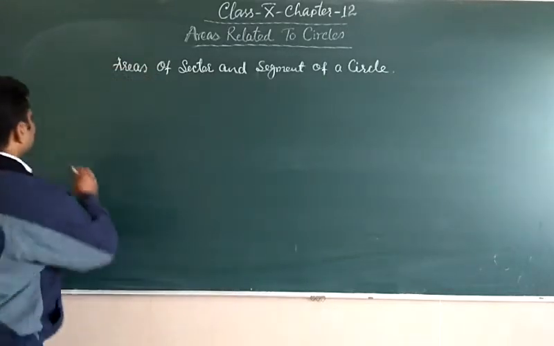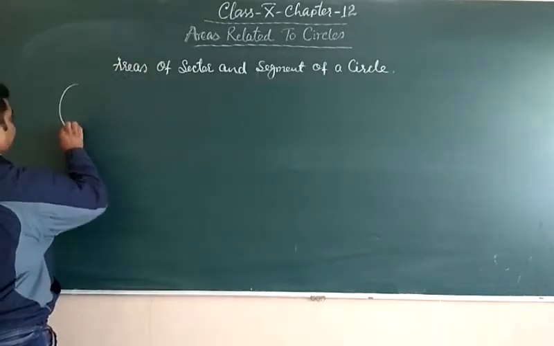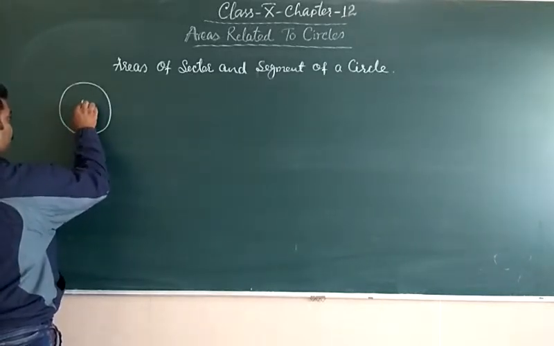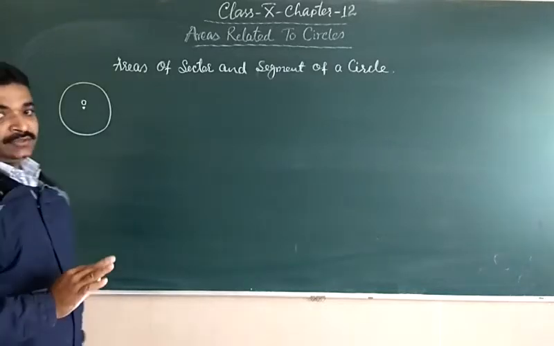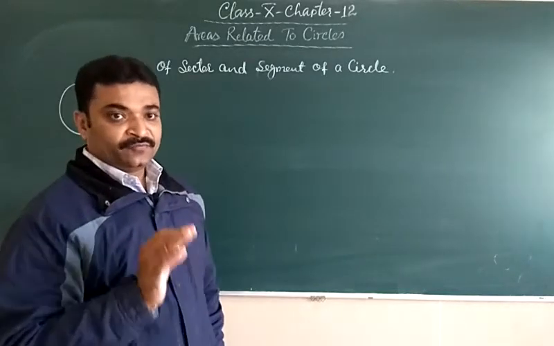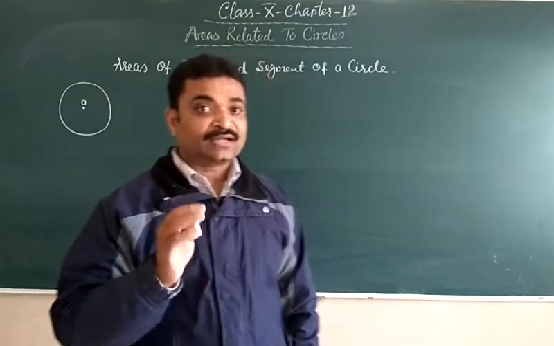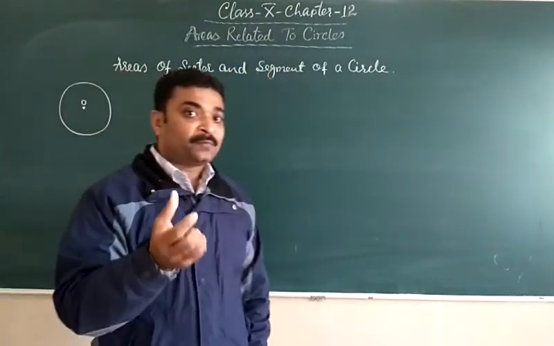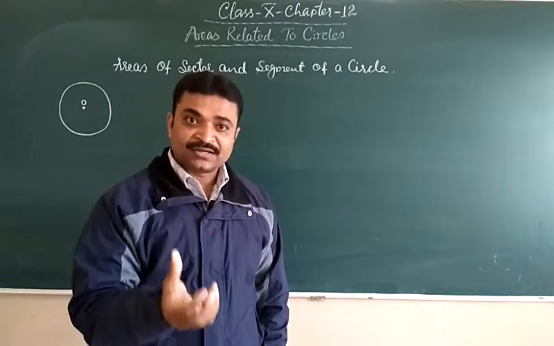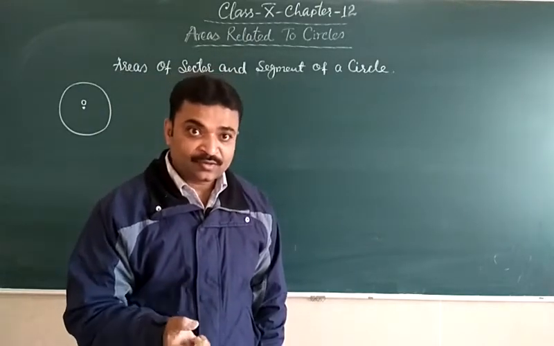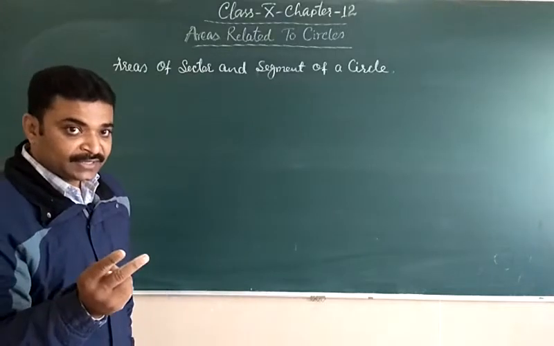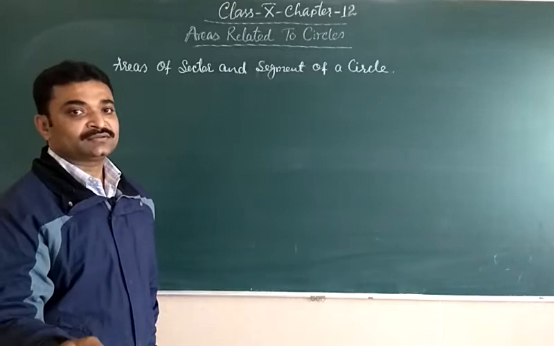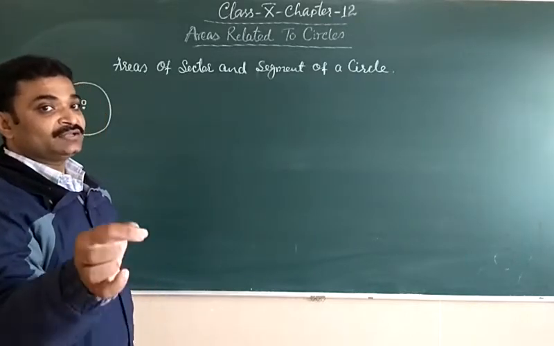Okay. Let us draw a circle. It's a circle with center O and radius R. We are now talking about sector. So what is sector? The portion or the part of a circular region enclosed by two radii and the corresponding arc is called sector of a circle.